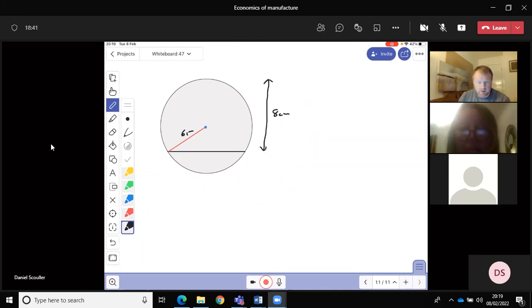So we've got a radius of 6 centimeters, and we've got a distance from the chord to the top of that circle of 8 centimeters. What they're wanting you to find out is the length of the chord.